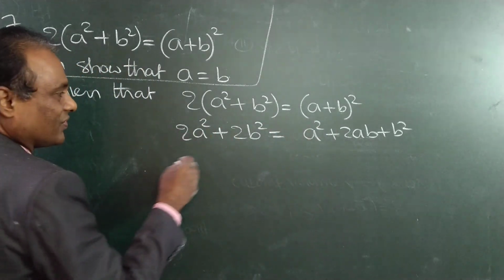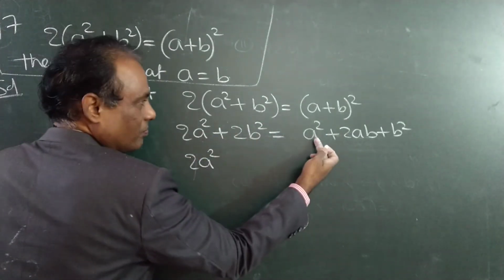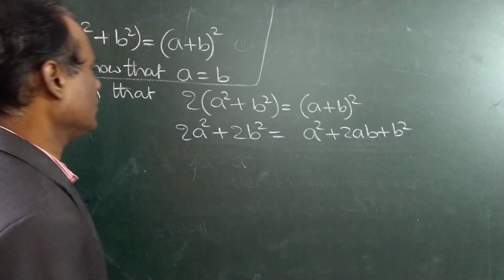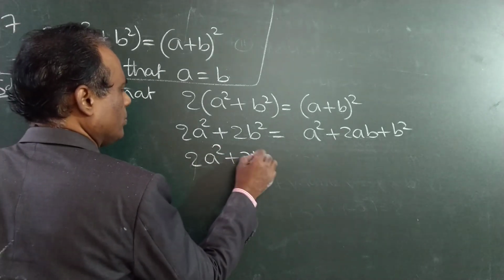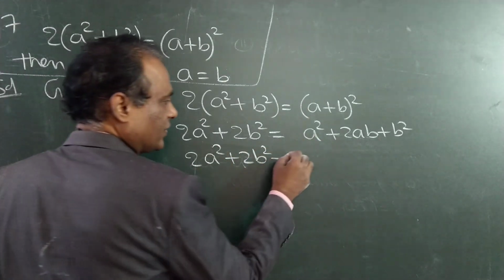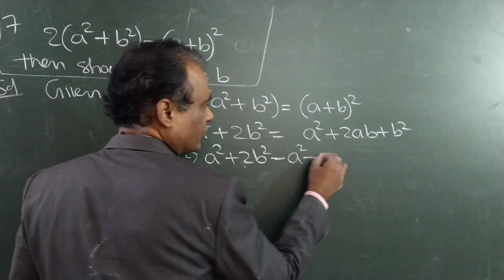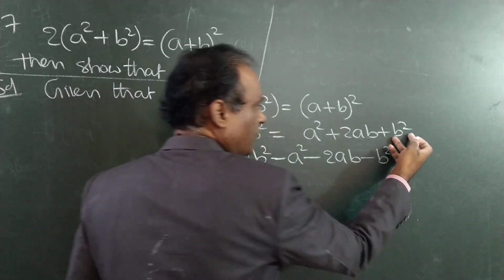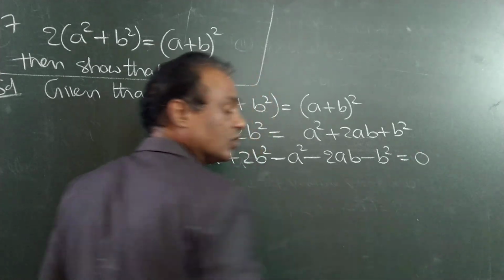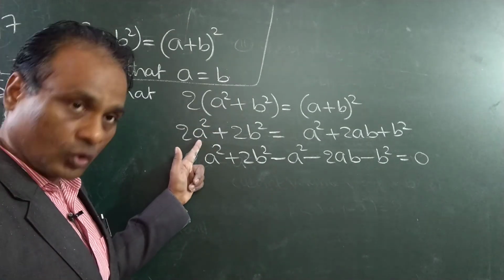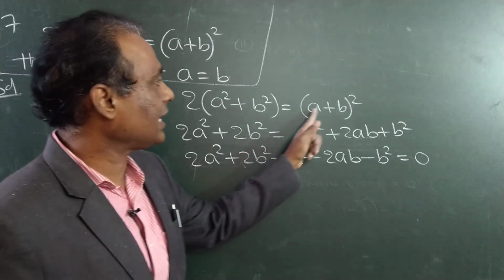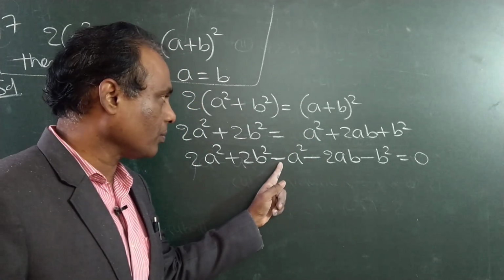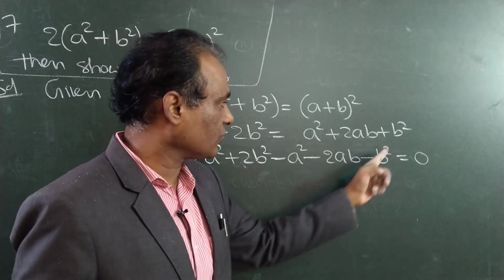Bring all the terms to the left side: plus a square becomes minus a square, plus 2ab becomes minus 2ab, plus b square becomes minus b square. If all the terms are taken to the left side, the right side is 0.